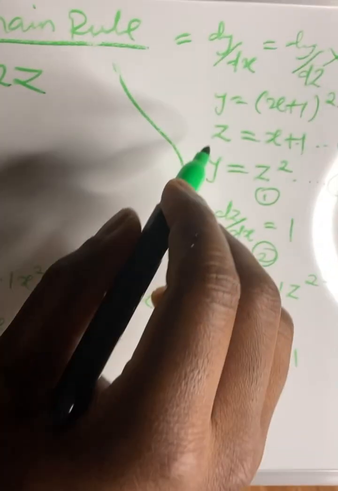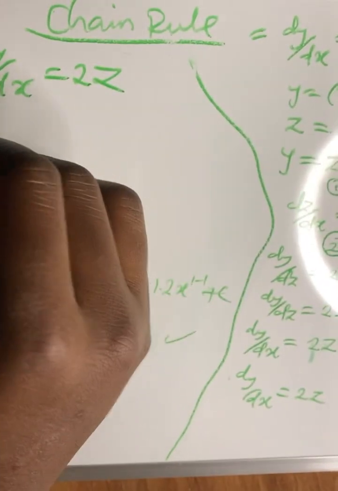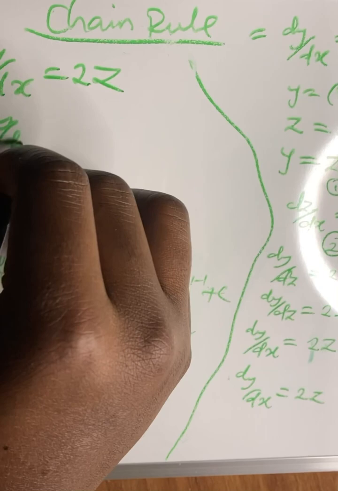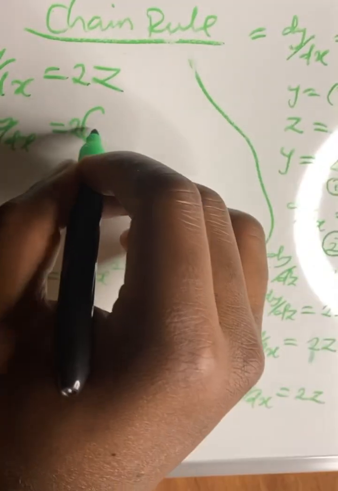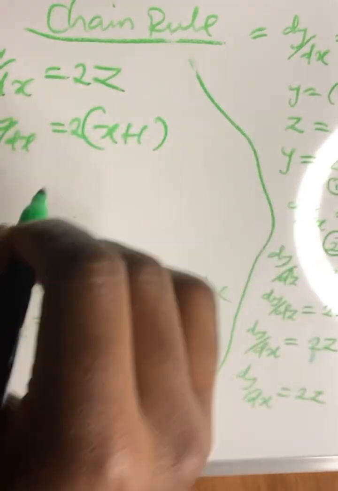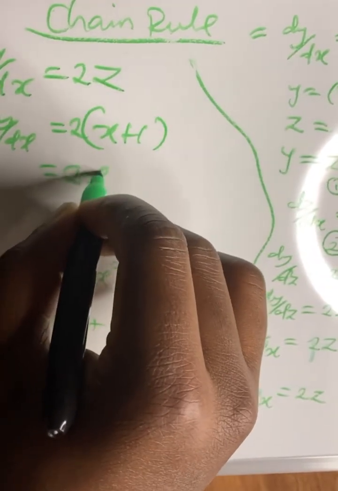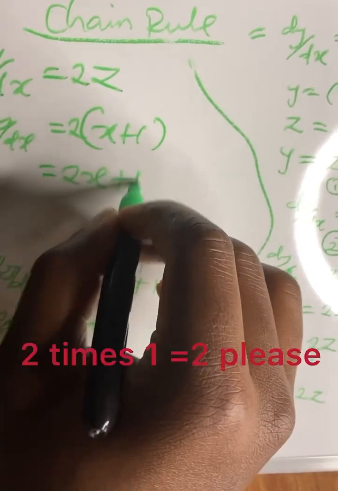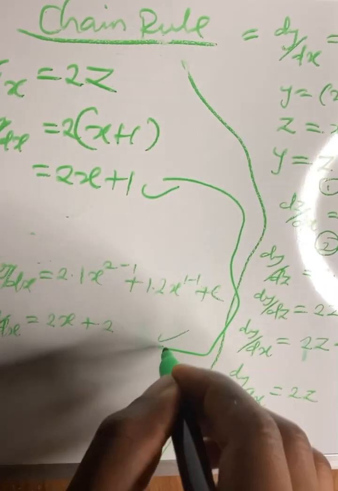But remember, our z is equal to x plus 1. So dy dx will be equals to 2 multiply x plus 1. This is equals to 2 multiplied by x is 2x, 2 multiply 1 is 2. So you can see the same answer.